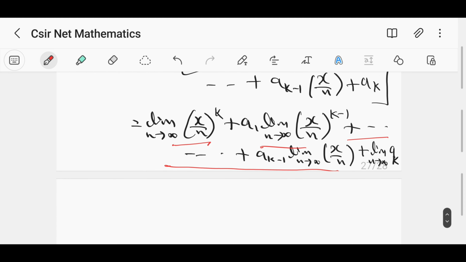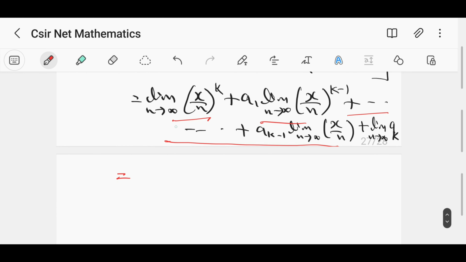The first term is 0, the second term is 0, and so on up to the second-to-last term, which is 0. What about the last term? The last term does not contain n, so it remains as it is, a_k. So this is nothing but a_k.